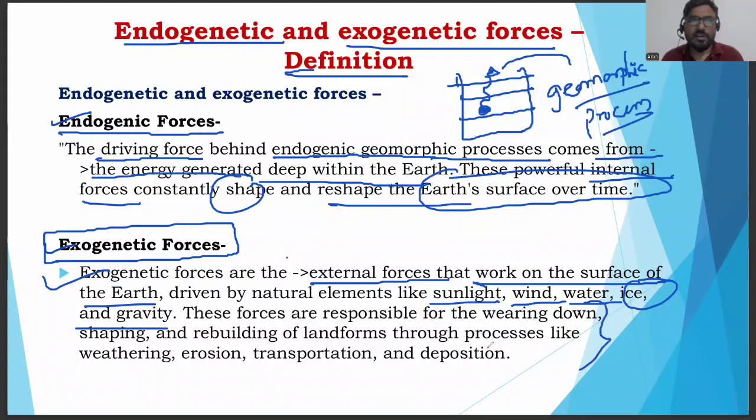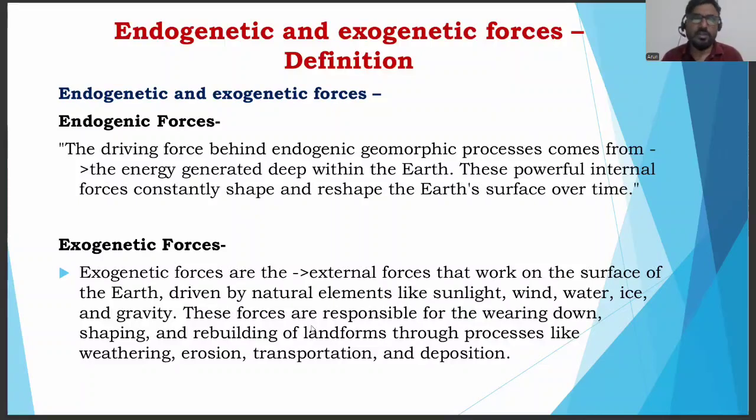These forces are responsible for wearing and tearing of the landforms. They are also responsible for the weathering process and the mass wasting process. Because of that, there is formation of erosional and depositional landforms. So you might have understood the concept of endogenetic and exogenetic forces, right, guys?